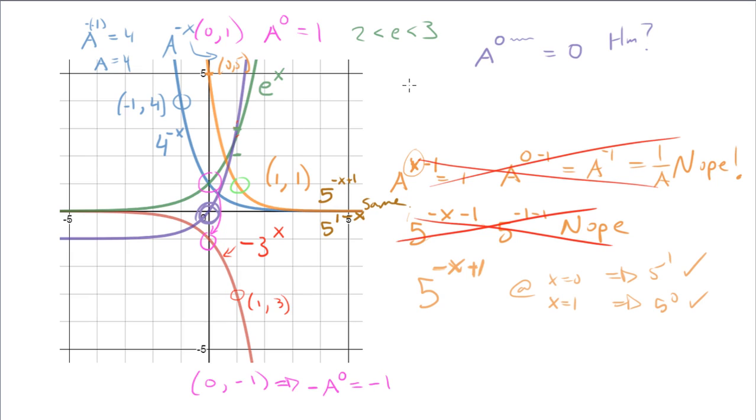It can be equal to 1. So I think what's happening here is if you take something and you raise it to the 0, right, you get 1. So I'm taking my base, I'm raising it to the 0, and then I'm subtracting 1, and I'll get 1 minus 1, I'll get equal to 0. That's got to be what's going on.